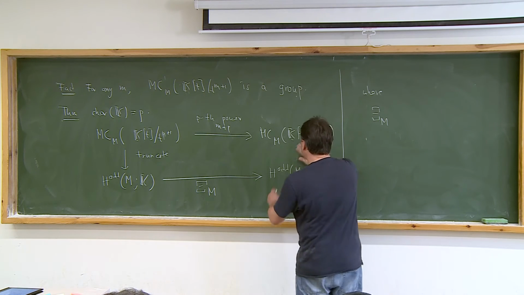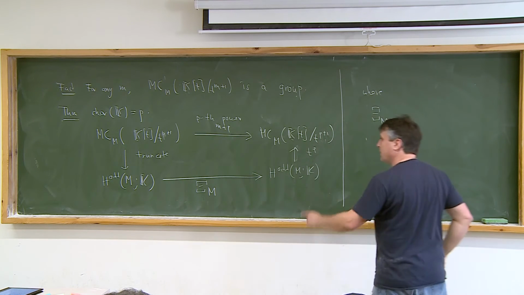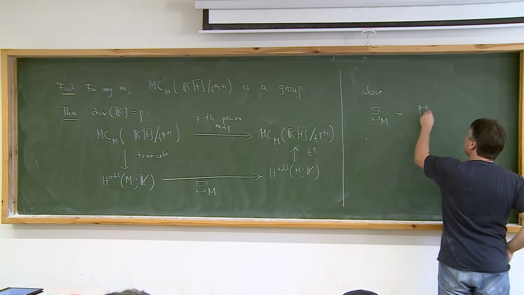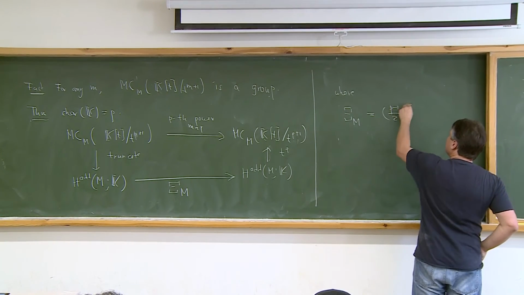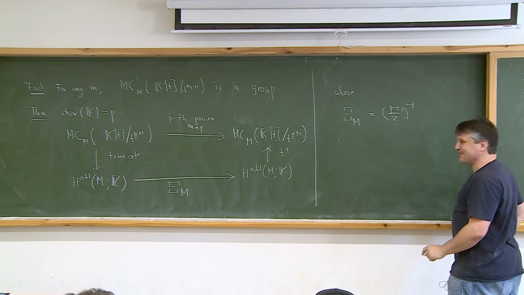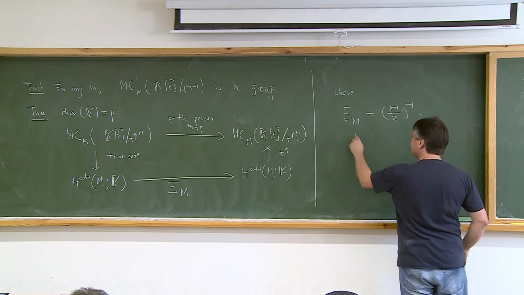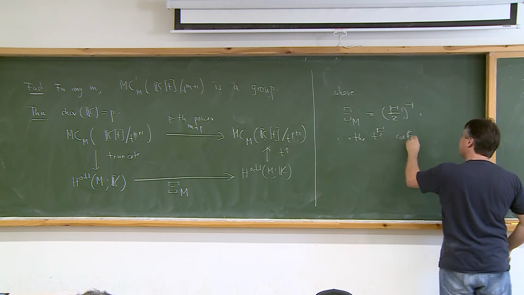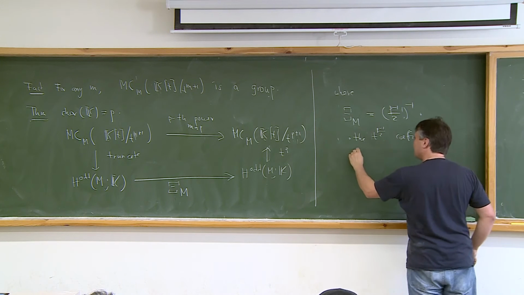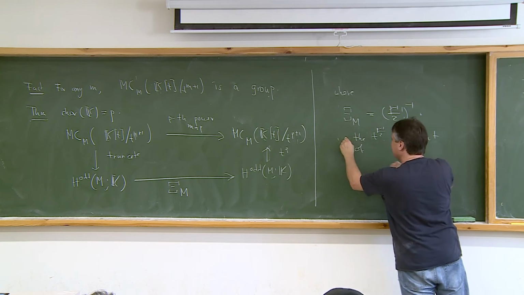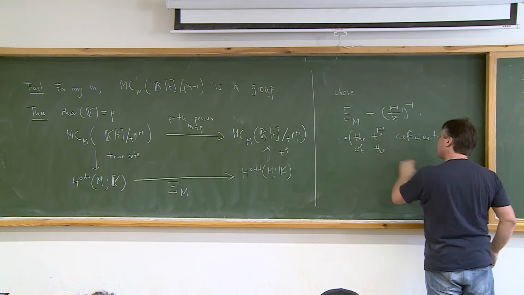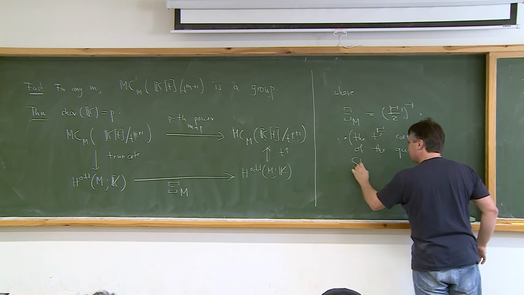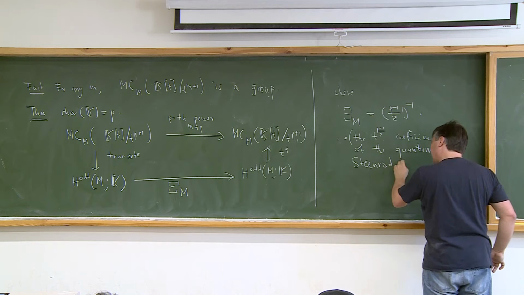And also, this one you can ignore. It's a constant times the t to the (p minus 1) over 2 coefficient of the quantum Steenrod power operation.